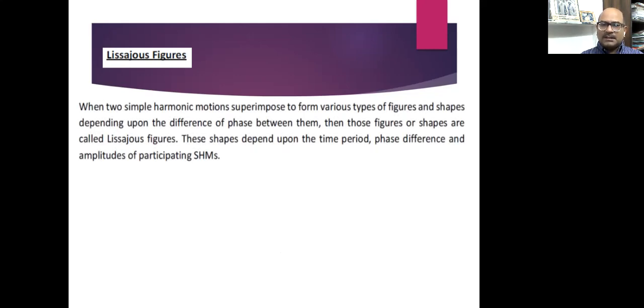And these Lissajous figures we can define like this: when two simple harmonic motions superimpose to form various types of figures and shapes, which depend on the difference of phase between them, as we have already seen, then these figures or shapes are called Lissajous figures.